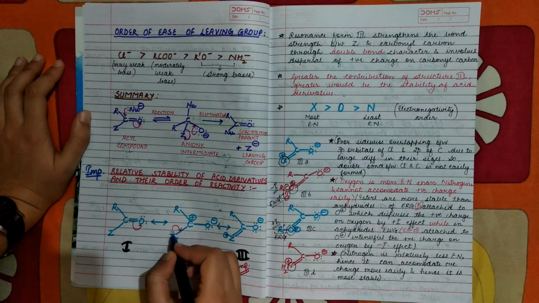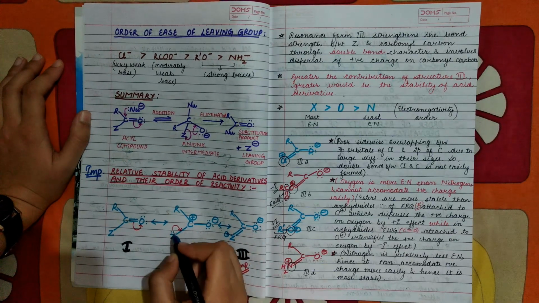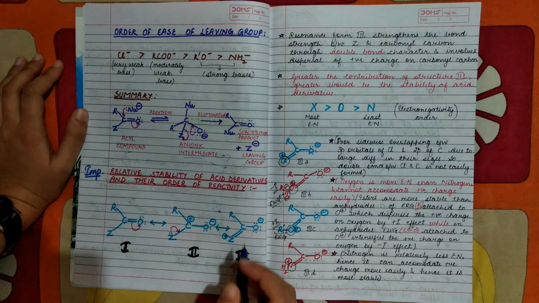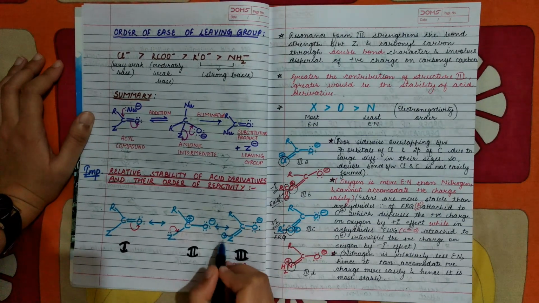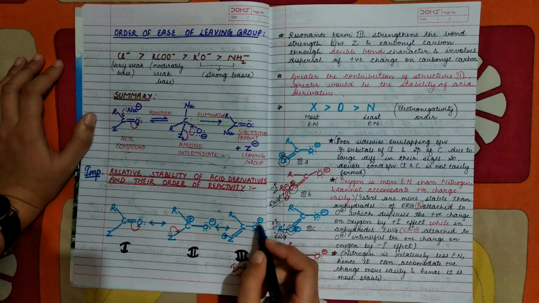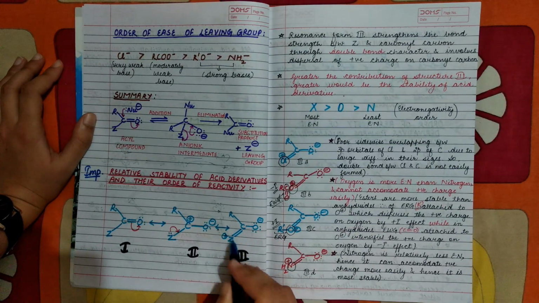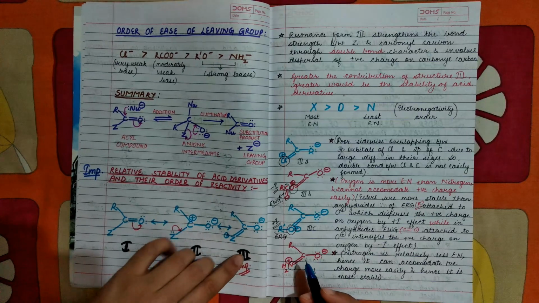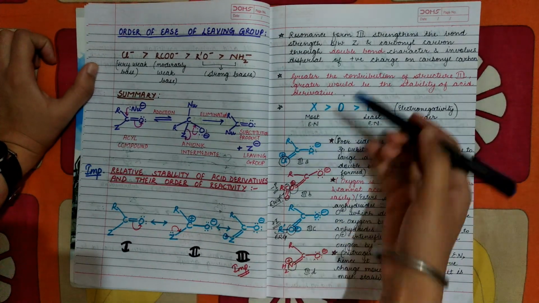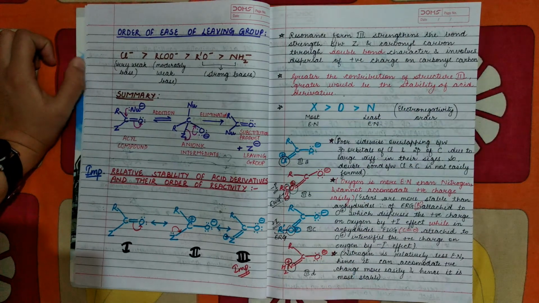Then the lone pair of the Z group shifts to this Z-C bond. So Z gets a positive charge and here a double bond is obtained and oxygen is negative. The third structure is the most important structure, because on the basis of this we'll get to know all the things further.